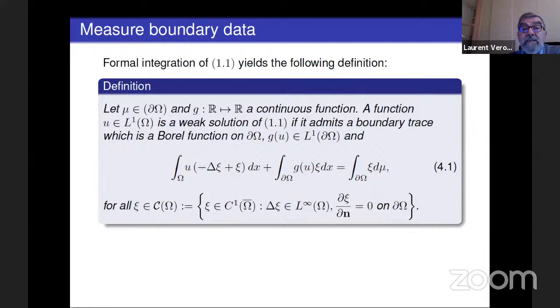This is formal: if the solution was a regular one, this should be the expression.